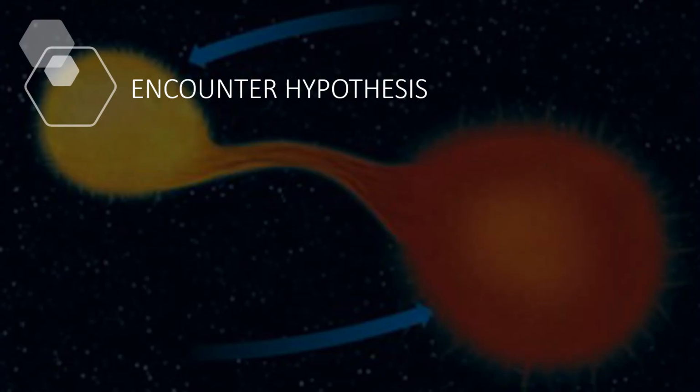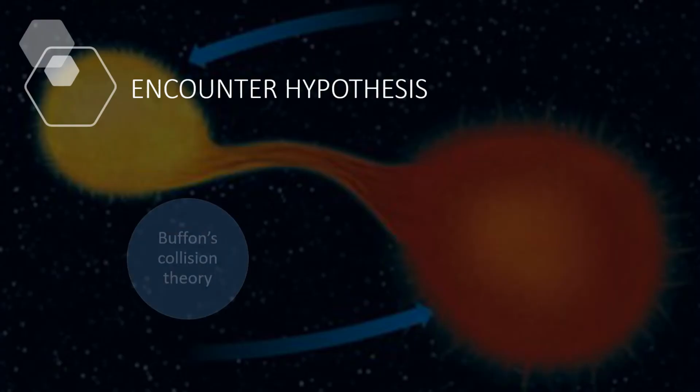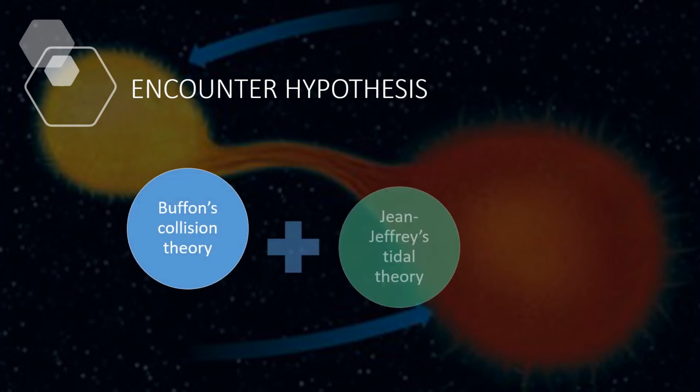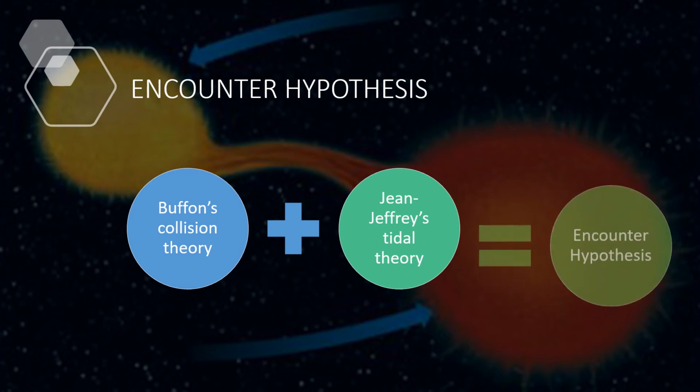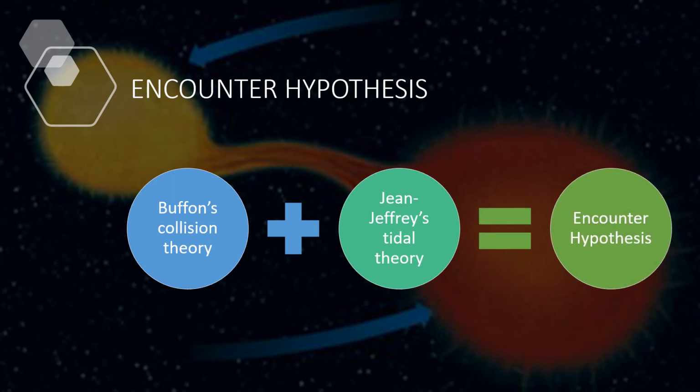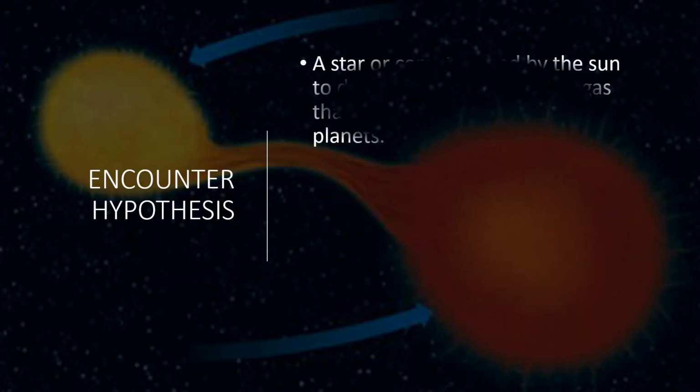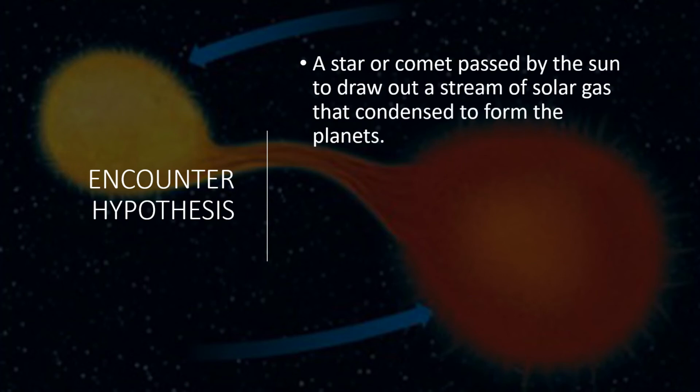Next we have the encounter hypothesis. Buffon's collision theory and Jeffreys' tidal theory are often referred to as the encounter hypothesis. In these models, a star or comet passed by the sun to draw out a stream of solar gas that condensed to form the planets.